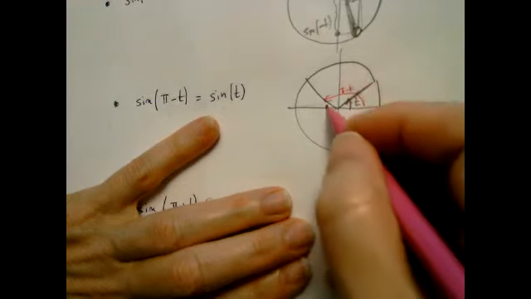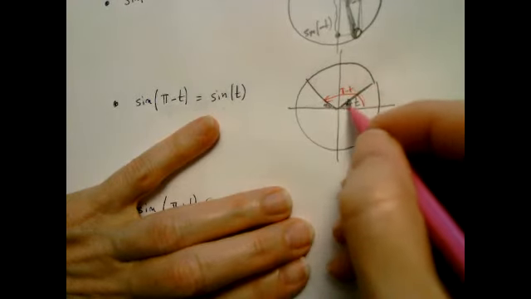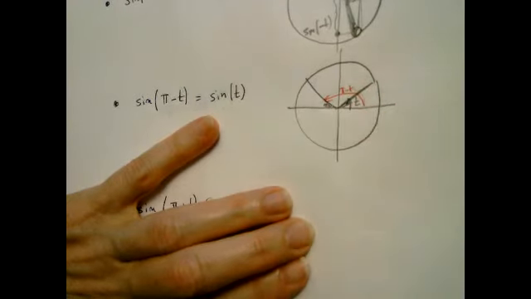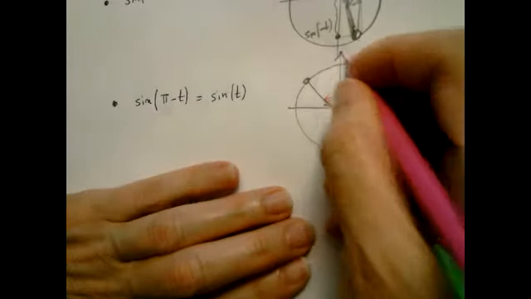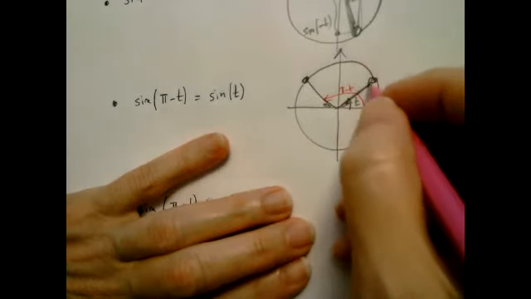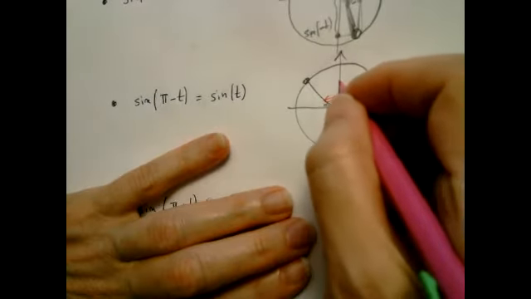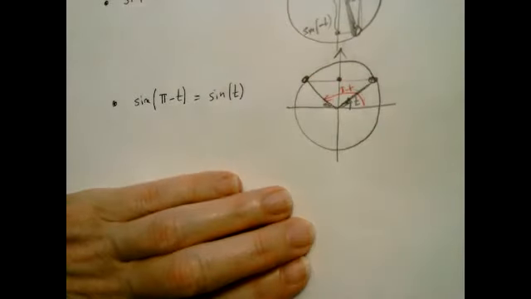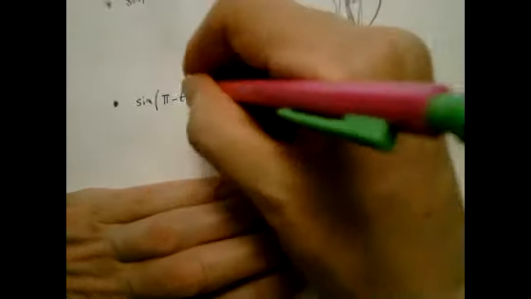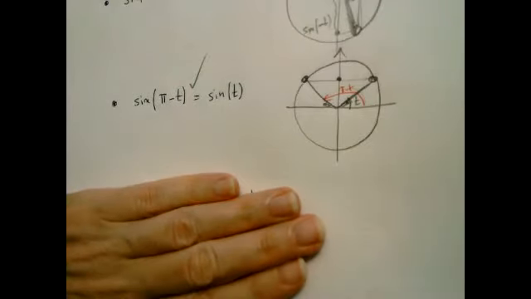Again, the picture. This is t. So this angle here and this angle here are equal to one another. So the geometry tells me that those 2 points are symmetric with respect to the y-axis. So the sine of t is this point. The sine of pi minus t is exactly the same. So those are equal to one another.